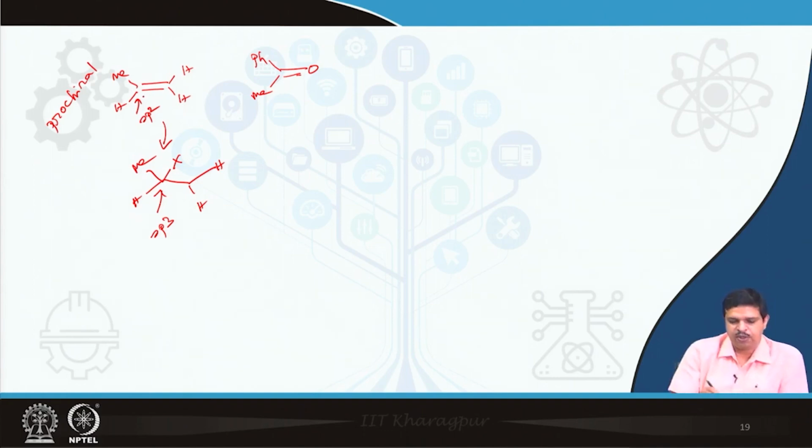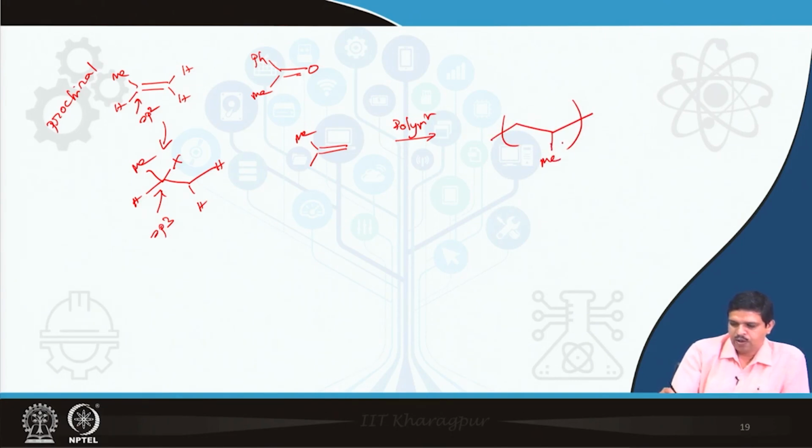A similar thing happens, if you see carefully, with this propylene molecule, and if you do the polymerization, you end up with this situation where here it is methyl, here another hydrogen, and here a chain of different carbons, and here also a chain of different carbons. So, this kind of polymer is polypropylene.